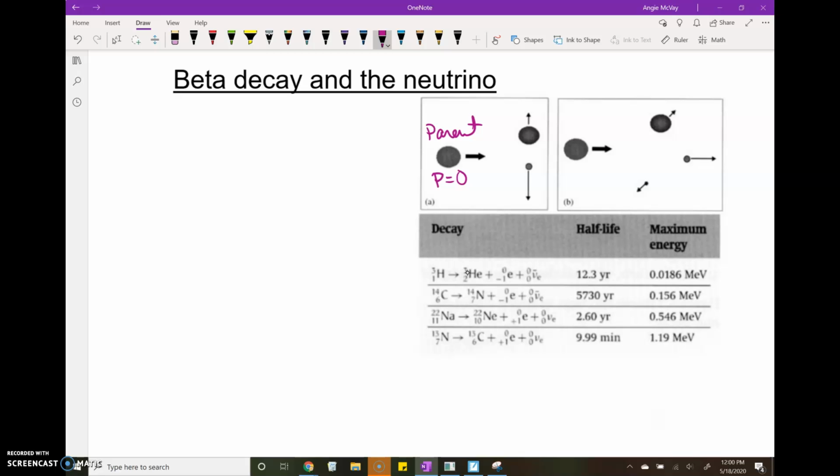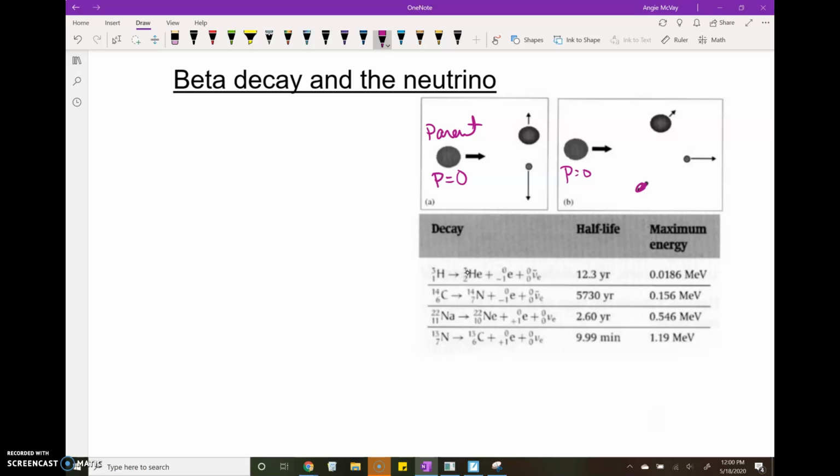But that's not what they saw. What they saw is the parent having no momentum initially, and after the decay, 2 particles going off at angles, and they're like, whoa, we just broke physics laws somehow. What's up, law of conservation of momentum?